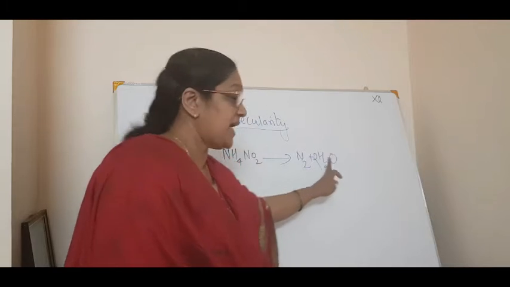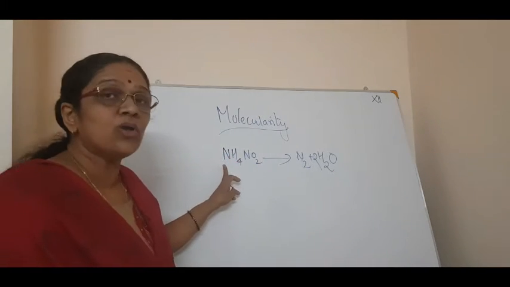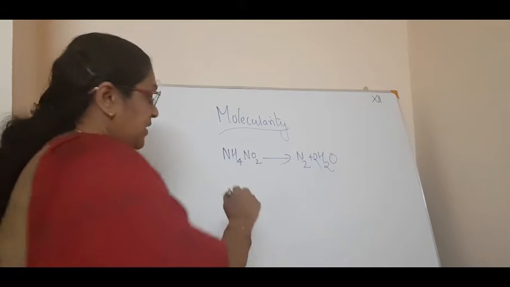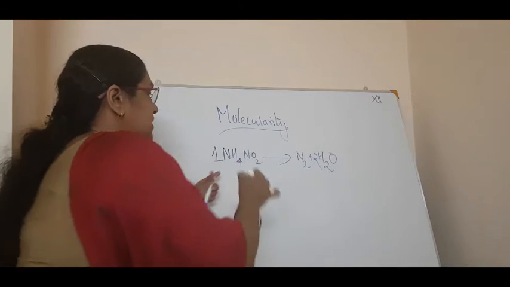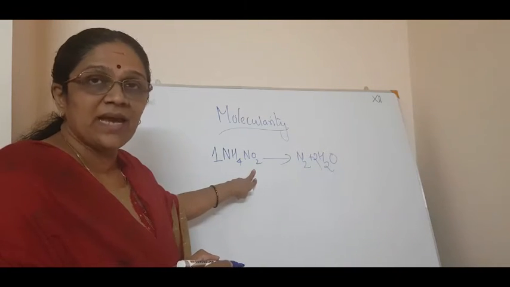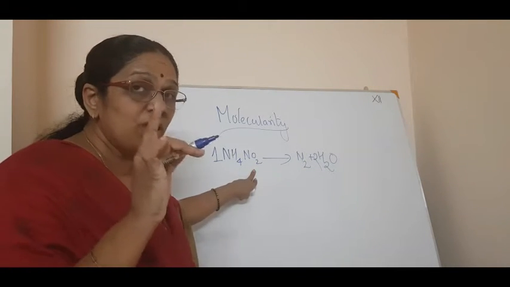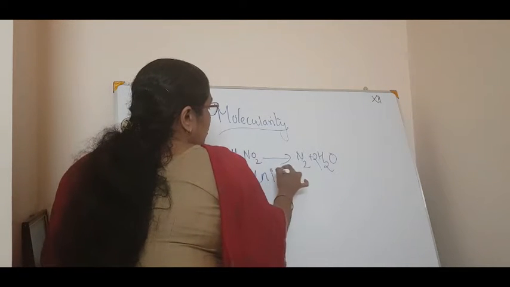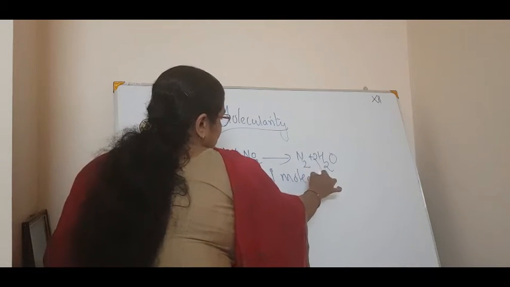Now, how many molecules are taking part in this reaction? Only one molecule, isn't it? So, since one molecule is taking part, you can call the reaction a unimolecular reaction. This is an example of a unimolecular reaction.